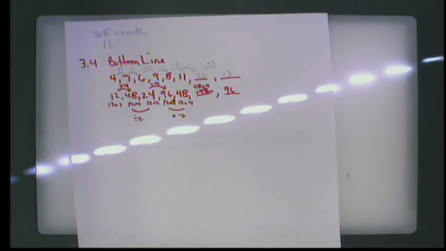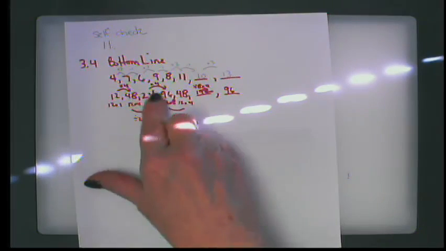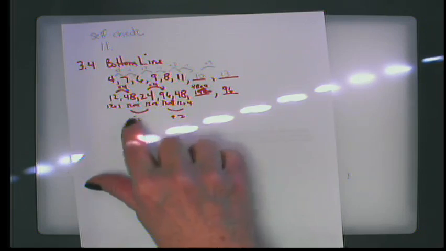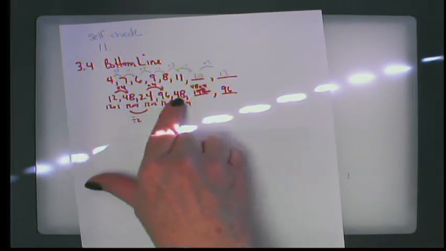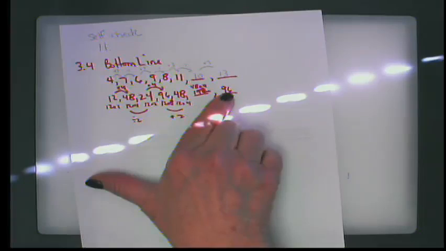The other thing about patterns is, if you find a pattern that works, you've found the pattern that works. You could call this something else. You could say times 4, times 4, times 4, divided by 2. Or you could say this times 2 is this, times 2 is this, so this times 2 has to be this. Do you see what I mean?